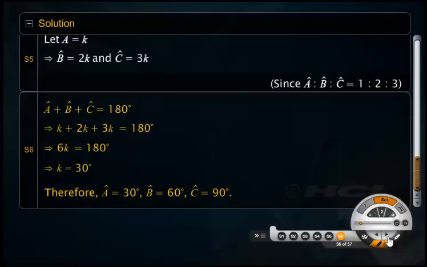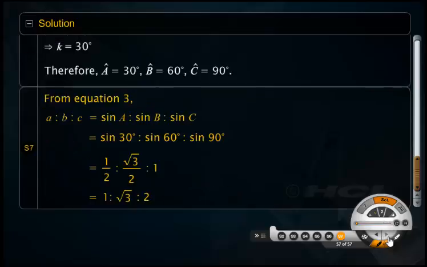Next, using the fact that the sum of the three angles in a triangle is 180 degrees, we obtain the value of k as 30 degrees. Hence, we obtain the values of angles A, B and C as shown. On substituting the values of the angles A, B and C in equation 3 and simplifying, we get the required ratio.